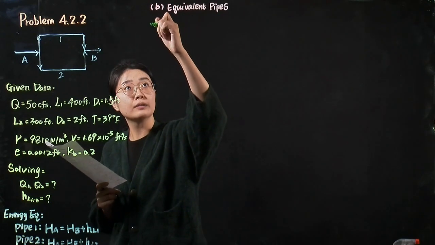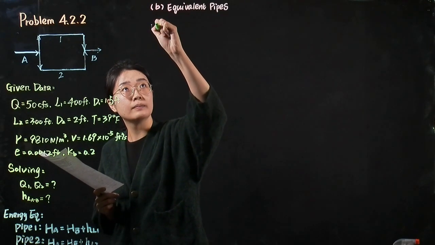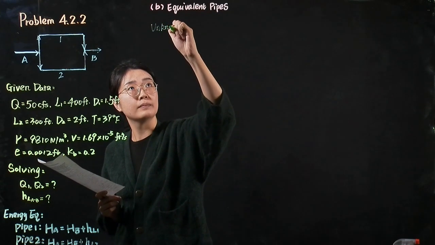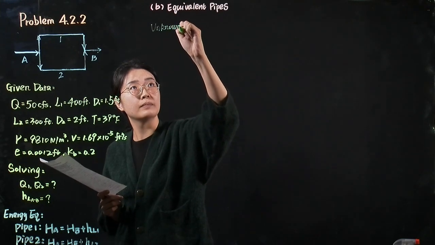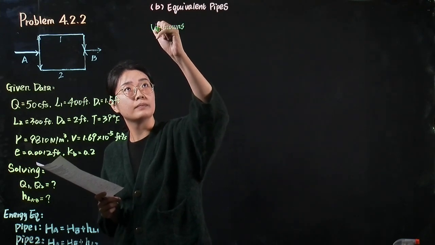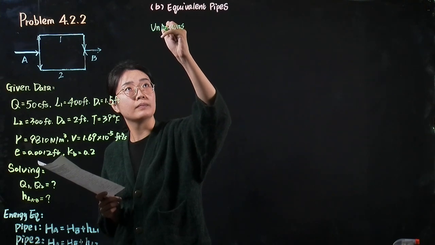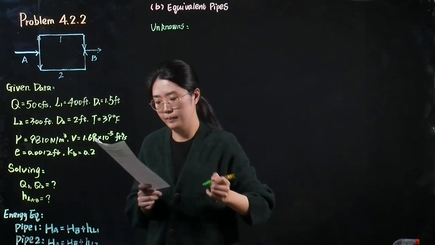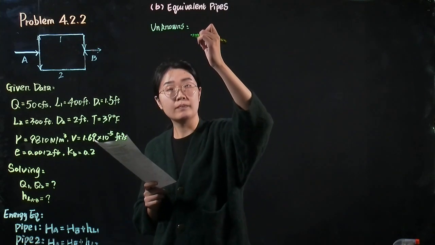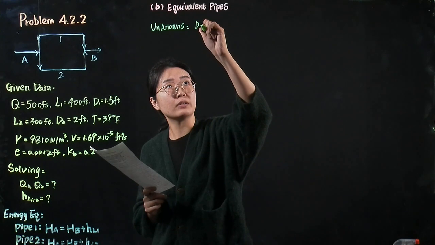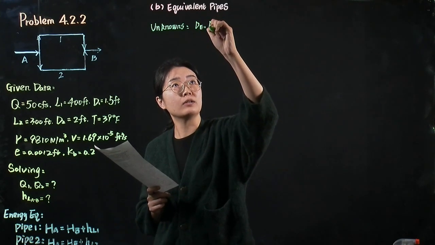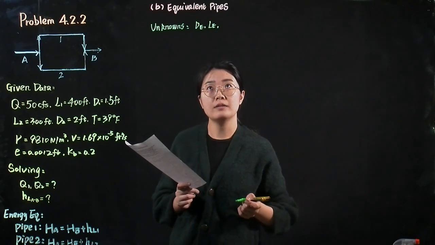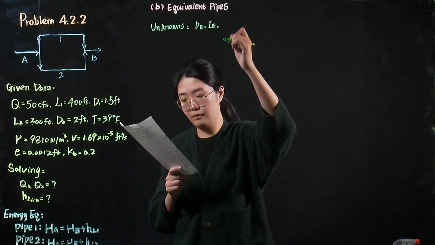Here are the equivalent diameter, the equivalent length of the pipe, and the equivalent friction factor.